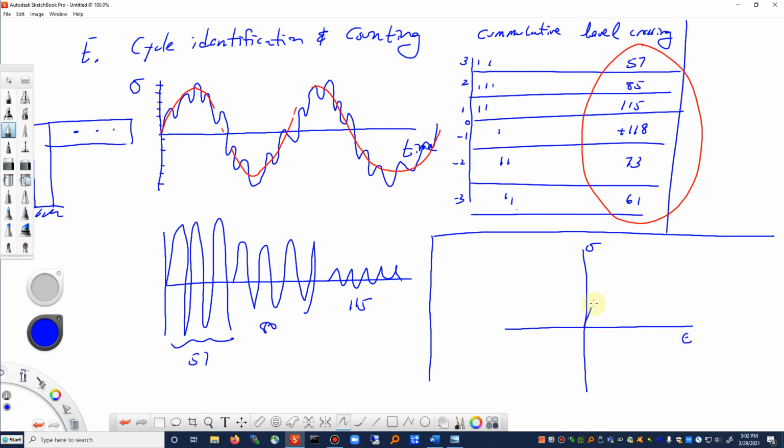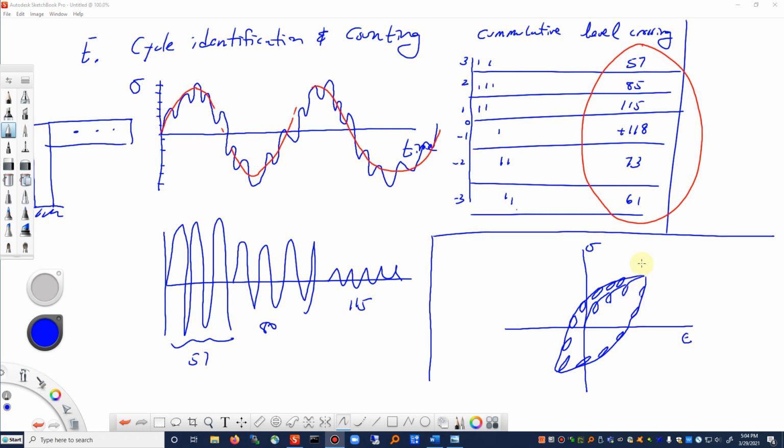If we were to look at this, we would have some sort of history that does something like this. I may not have the exact numbers of cycles, of course, but we have this type of history here.